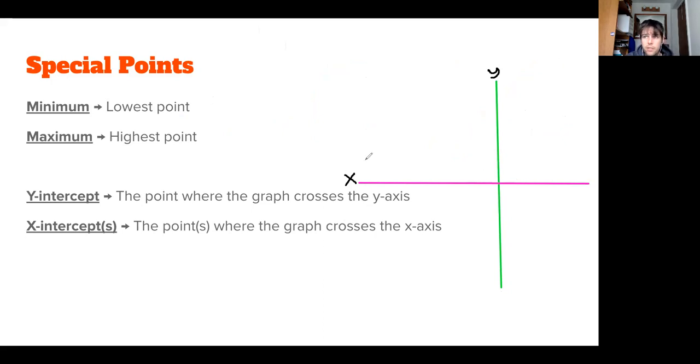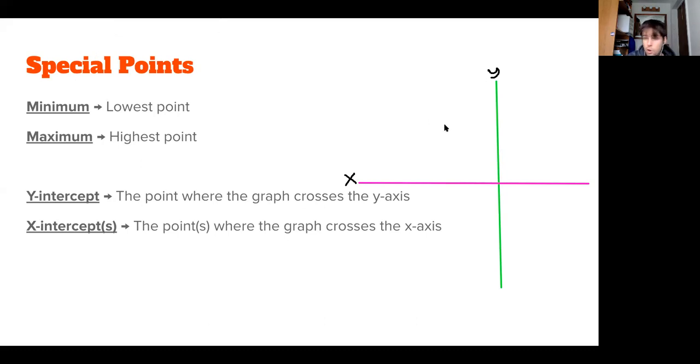Whatever graph we have, it could cross both of these things. So we could have a pretty simple line right here. It's going to have both. It's going to have a y-intercept here. We need to know the coordinates of that particular point, and it could have an x-intercept right here. Again, we want to know the coordinates of that particular point. So that's one example of a line that is probably going to have both.